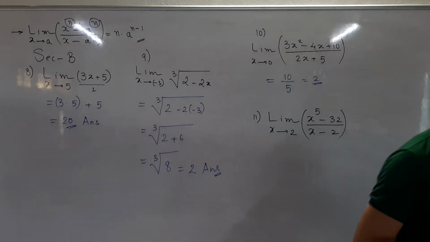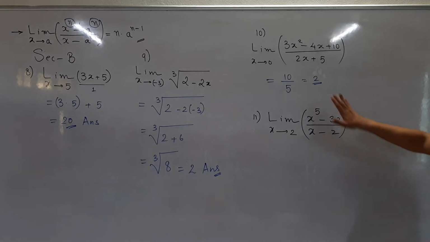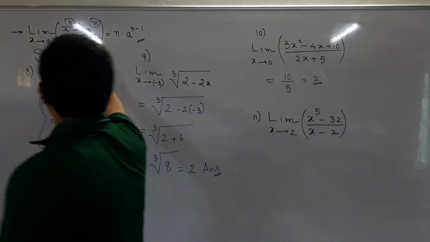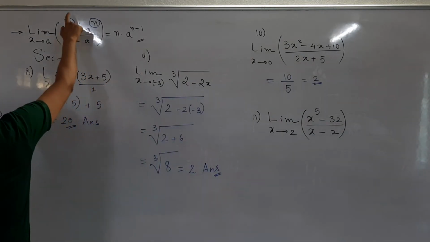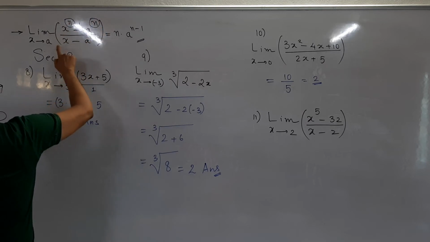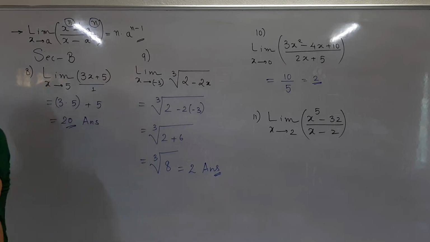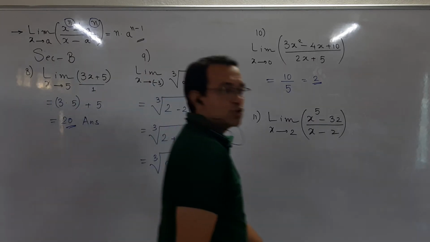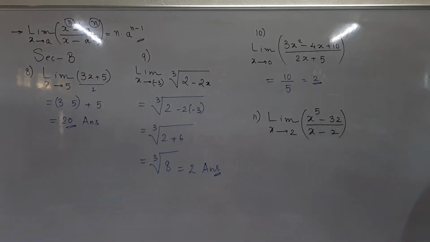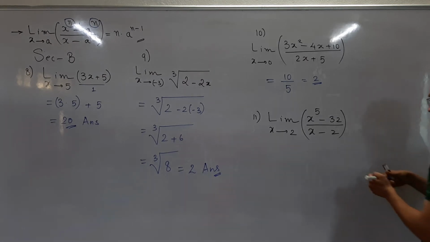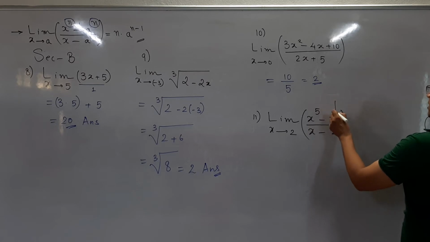Now in the 11th sum, to apply this formula which I wrote today, x raised to n minus a raised to n upon x minus a is n a raised to n minus 1. So students, to apply this formula, I should change this as a raised to n.